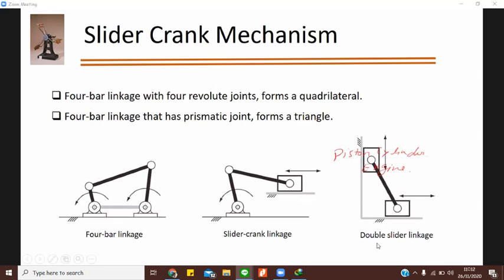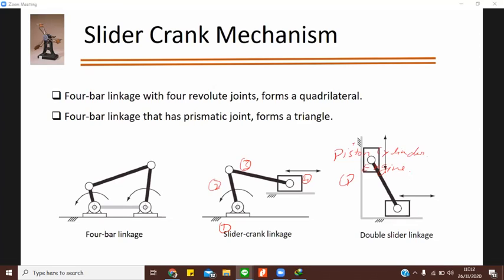This is a double slider linkage. Okay. So now what happens? This is your link 1. Fixed link is link 1. So how will you define the links over here? One link means the fixed one, second link, third link, fourth link. Here also the third link is this slider and the fourth link is this.